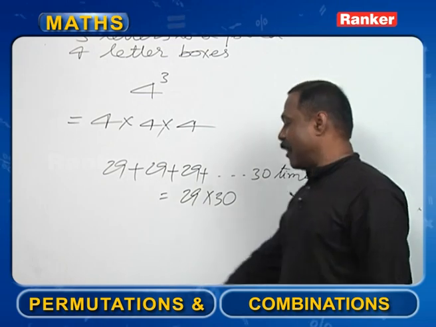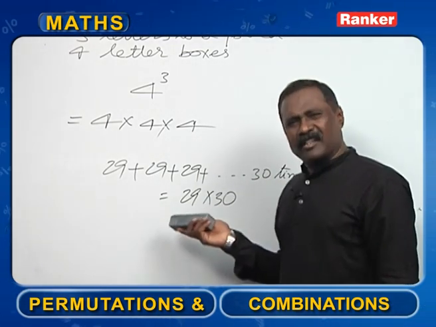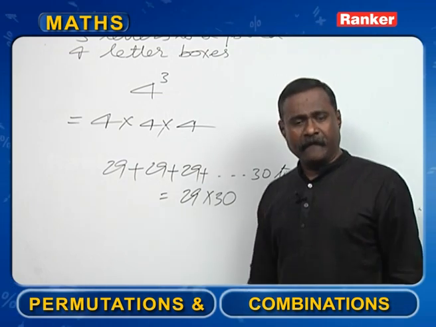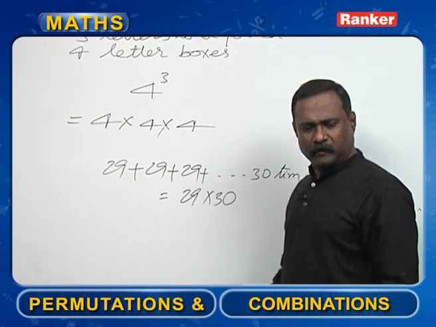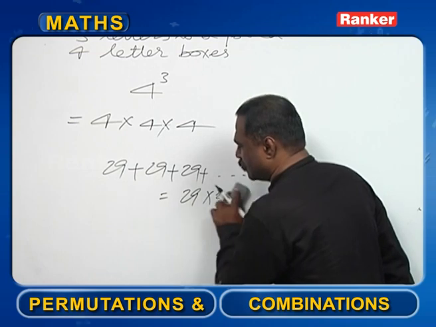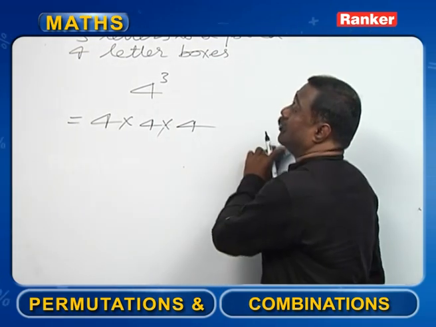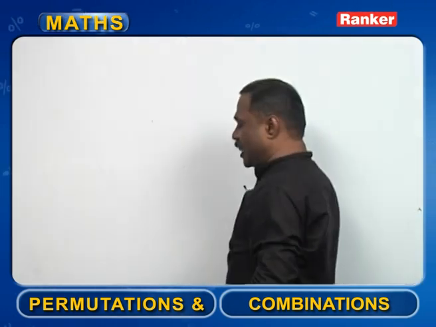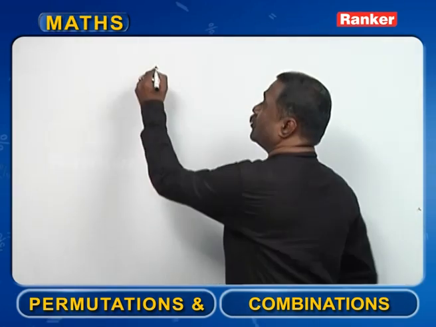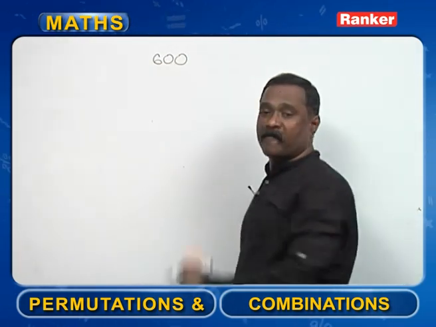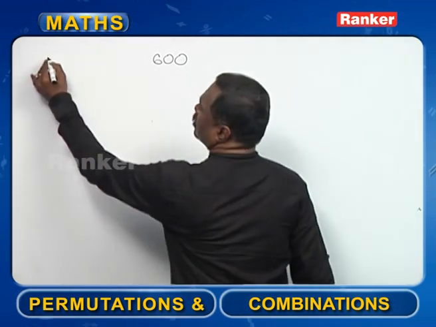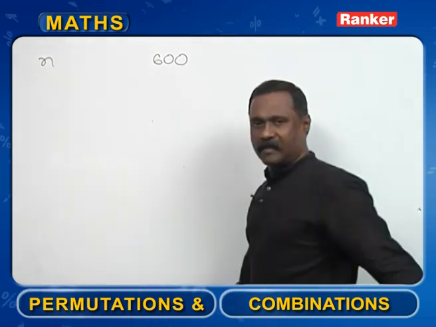Now I have taken another example for you to understand in a better way. In this question, the number of cards delivered by the postman is given to be 600, and we don't know the number of students. So let us suppose there are n students.